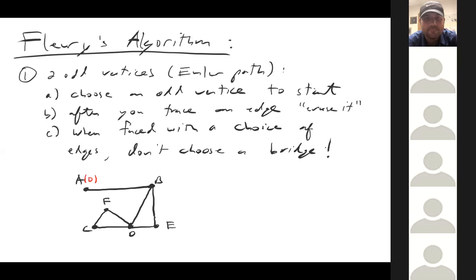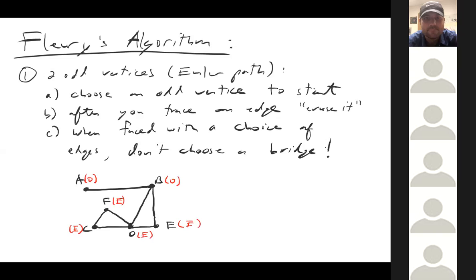B looks like it's odd. E looks like it's even, has 2 coming out of it. D has 4 coming out of it, so it's even. F has 2 coming out of it, so it's even. And C has 2 coming out of it, so it's even. So this has 2 odd vertices, which means it has an Euler path and no Euler circuit.